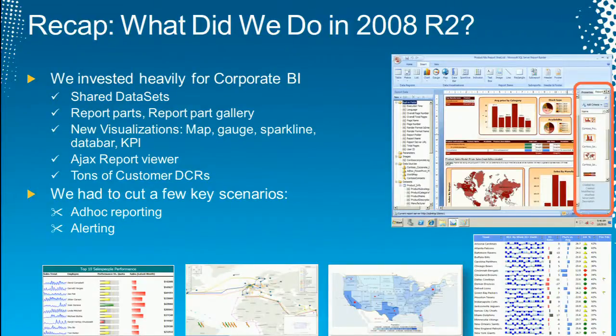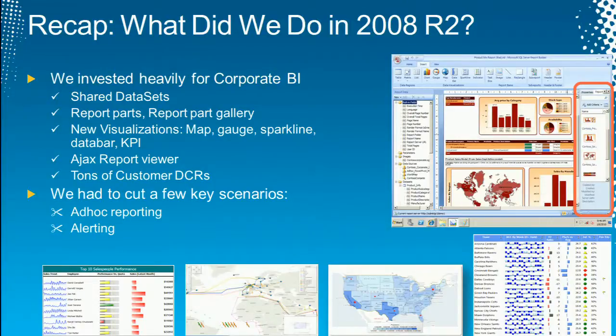And not only that, you can also create parameters. So you can store a parameter as a report part, and then your end users come in and say, I want to use this connection, and I want to use this shared data set, or I want to take this whole visualization, which is not just the visual layer, but also all of the data sets and data sources and parameters that go with that visualization.